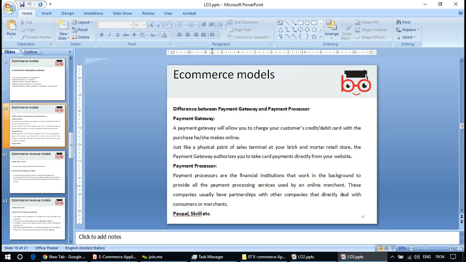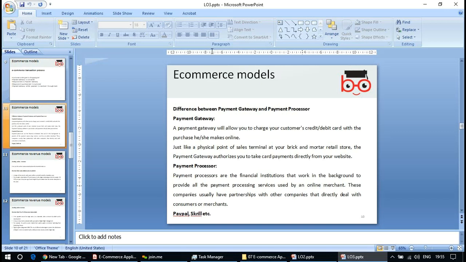Normally what happens, if it is a gateway, and you are charging the card, it means the payment would go directly from your card to the merchant. While with a payment processor, you need to fund the PayPal first, and then you should be able to send the money to another PayPal.